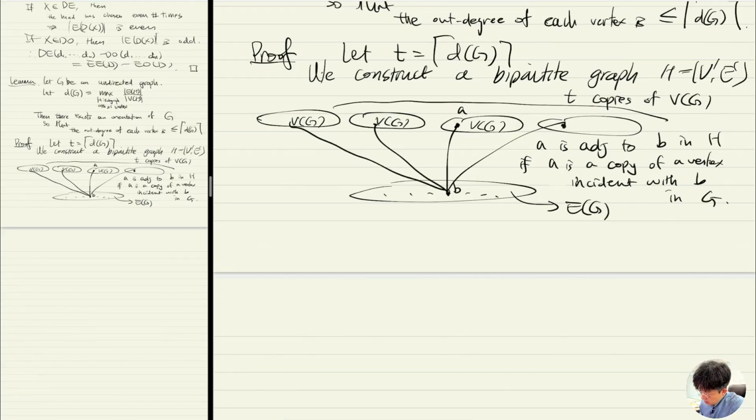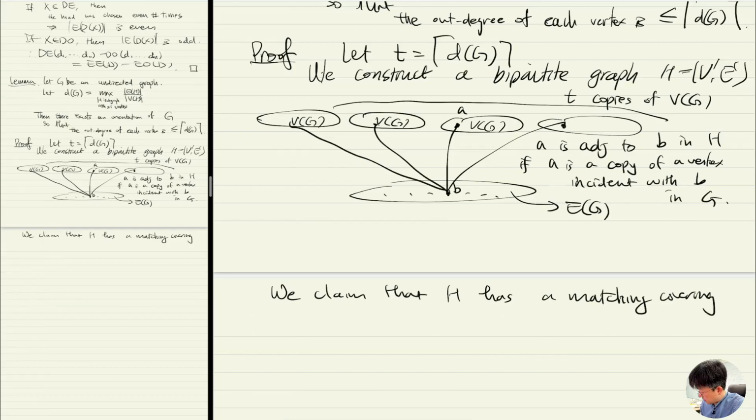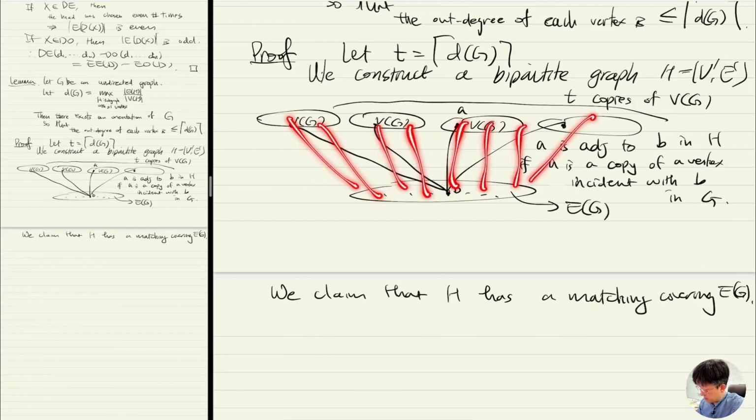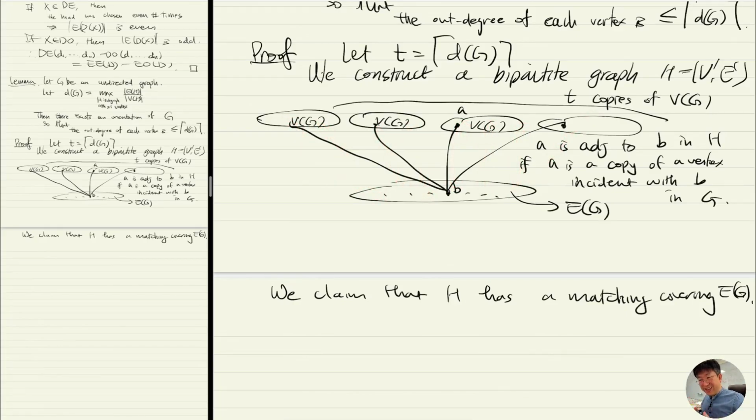Now we claim that this H has a matching covering E(G). So I want to find the matching covering that. In other words, each edge needs to choose one end, and that's similar to orientation.